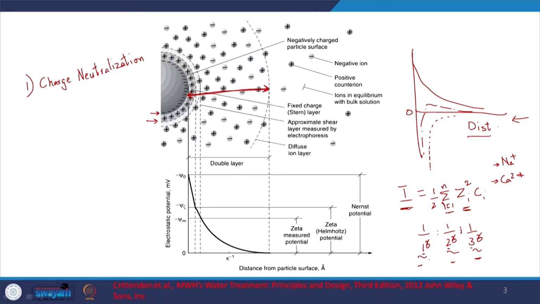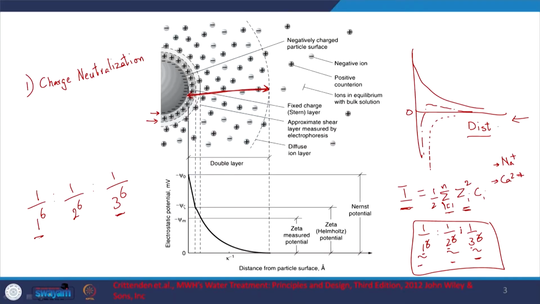Let me rewrite this here in a clearer manner. So, if it is only 1 charge, and if it is bivalent, and if it is trivalent. As you see, with higher charge, lesser concentrations need to be added to have the same effect as the monovalent one at relatively high concentrations, and we see the ratio that they need to be added at.